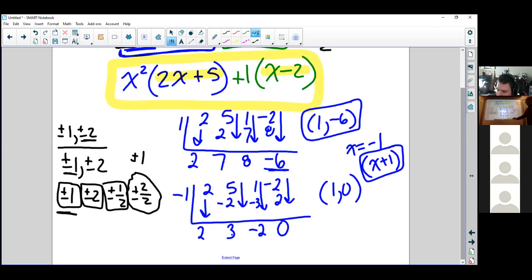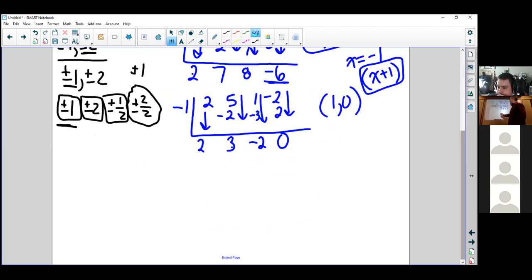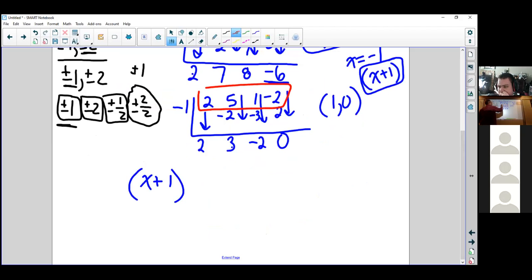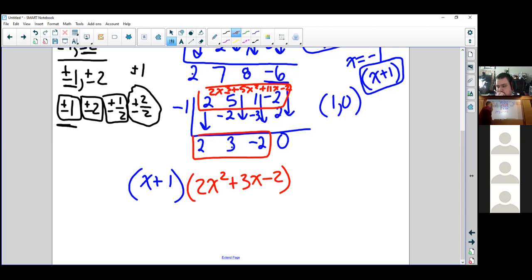Okay, so knowing that, I know that x plus 1 is a factor. Originally, when I looked at this first problem from above, this would have been 2x to the third plus 5x squared plus 11x minus 2. But then I get this part here, so I'm going to be 1 degree less. Well, this was to the third, so this could be to the second. So it's going to factor down to 2x squared plus 3x minus 2.